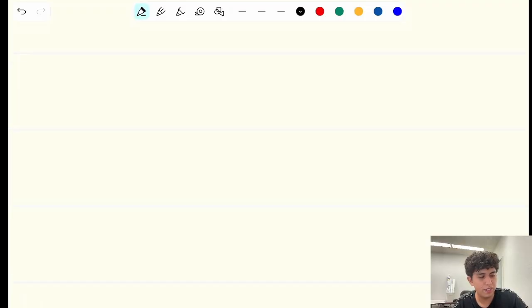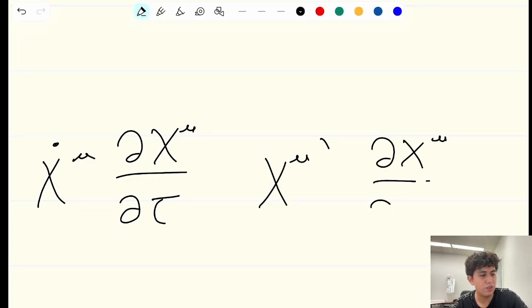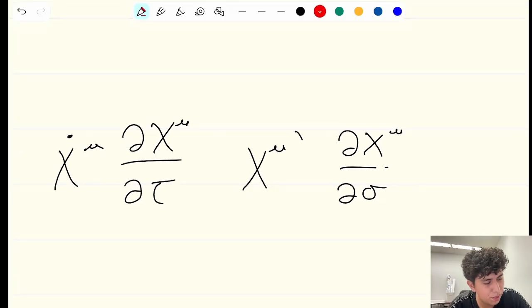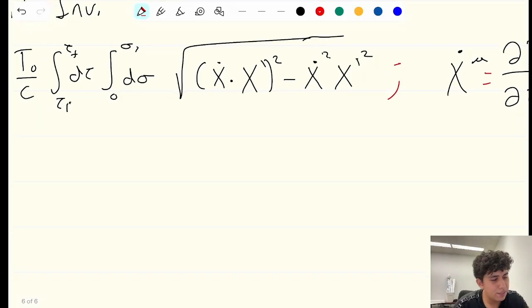Here we define x dot to be the partial derivative with respect to the tau parameter, and x prime is the partial with respect to the space-like parameter, the sigma parameter. Cool. Okay, so this is the area functional.